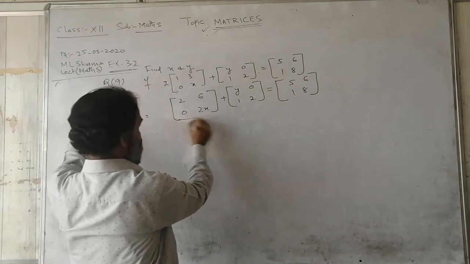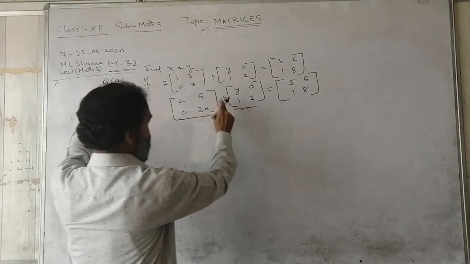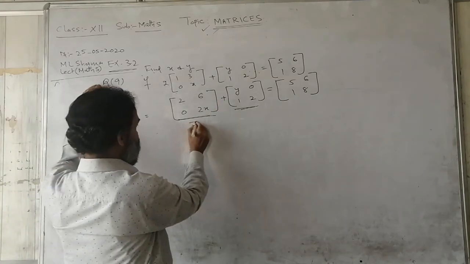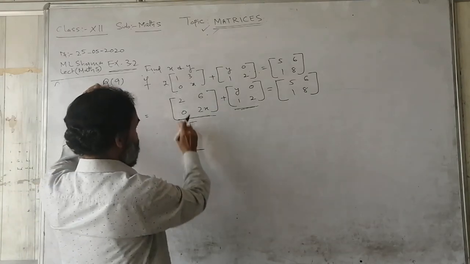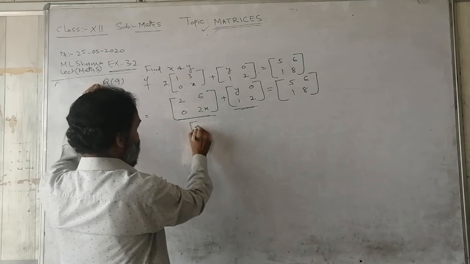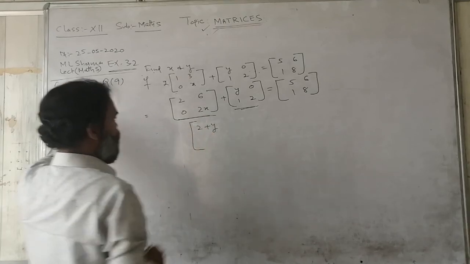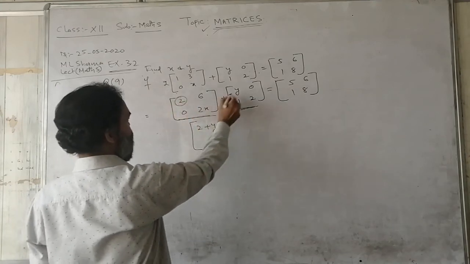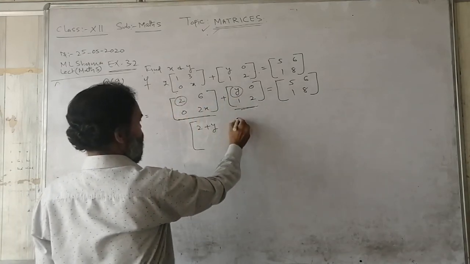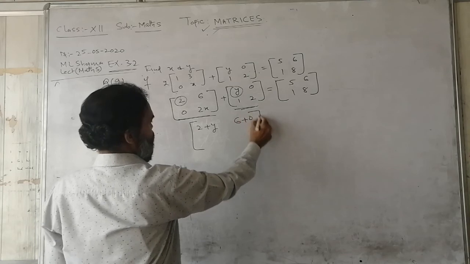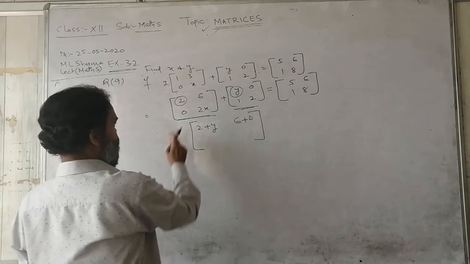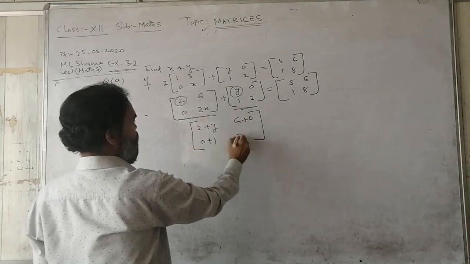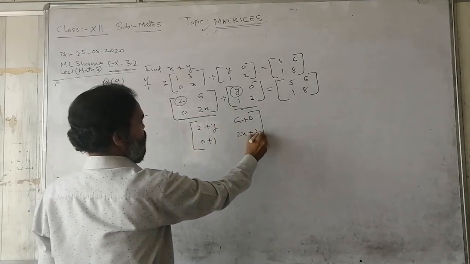Now this matrix and this matrix, they can be added. There is an addition sign. So if I add these two matrices, I will have 2 plus y, corresponding elements are to be added. So its corresponding element is this, and here 6 and 0, they will be added. 0 plus 1, 2x plus 2.